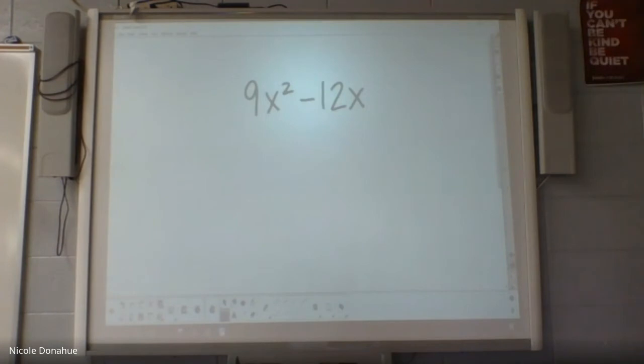We didn't divide correctly. 6 doesn't go into 9. Yeah, that looks good.